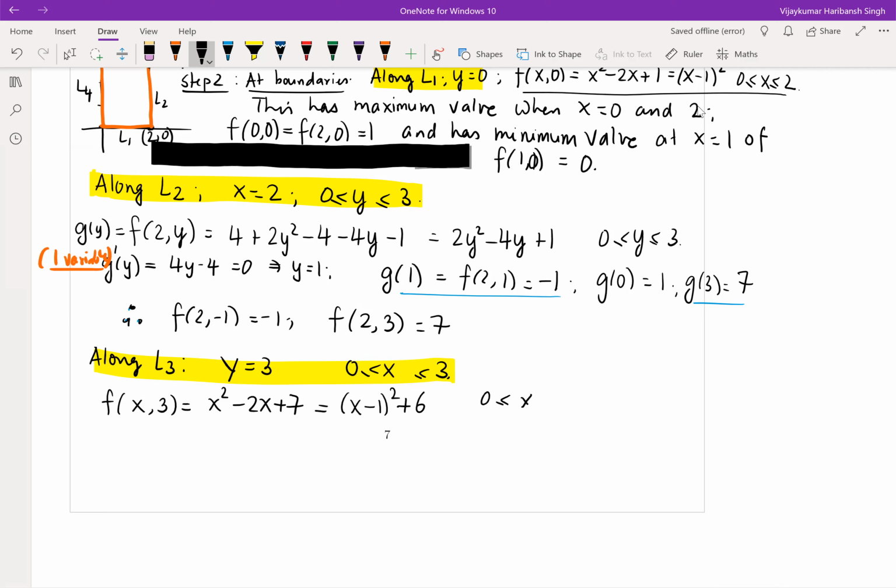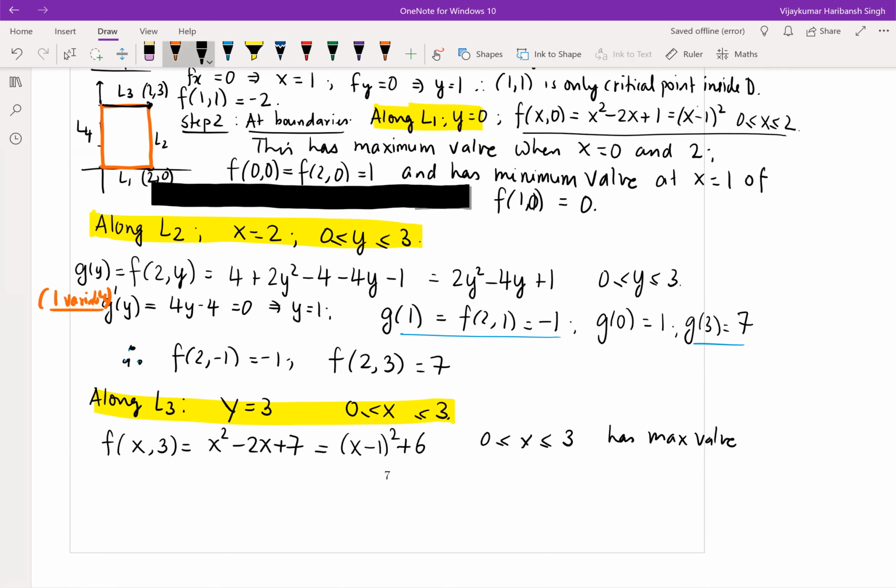So where x is between 0 and 2, sorry, our x is between 0 and 2, not 0 and 3, what is the maximum value? When x is 0, you get 7, and when x is 2, you get 7.